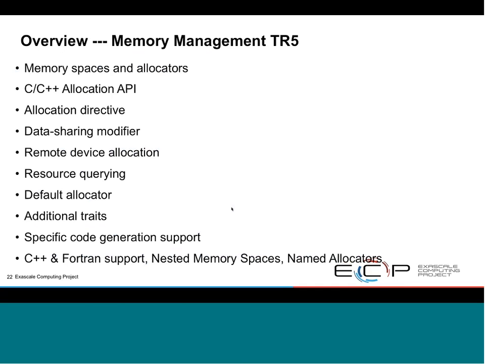So this is a very important TR because it addresses all of these issues. It is going to help us understand how we are going to really program these future architectures with complex memory hierarchies and different types of memories.